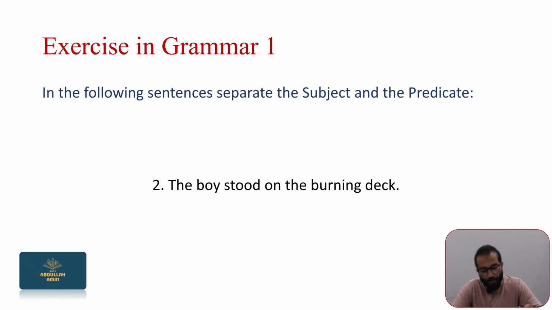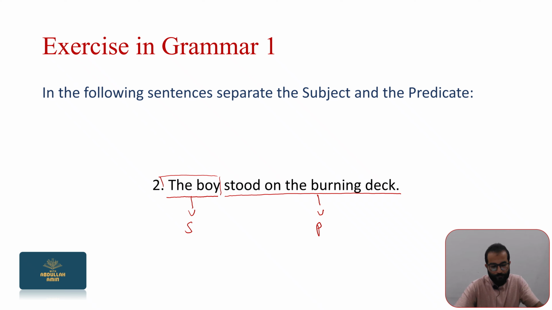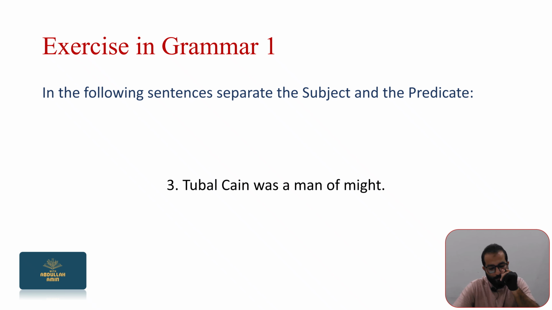Second one is: the boy stood on the burning deck. Over here we have these first two words as the subject, the boy, this is the subject, and stood on the burning deck, it is the predicate. And the third example we have, Tubal-Cain was a man of might.